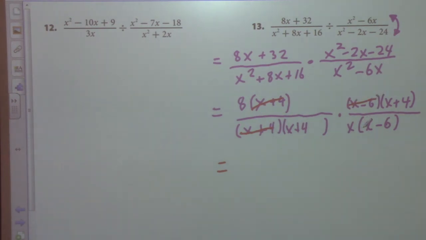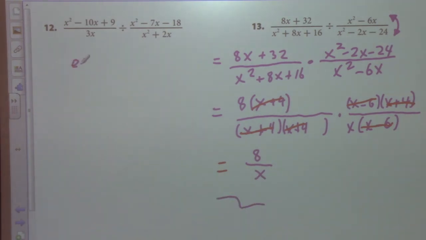And then you're left with 8. Is there anything left to cancel first? Okay, so now what do we have left? 8 over x. So that would be our simplification.